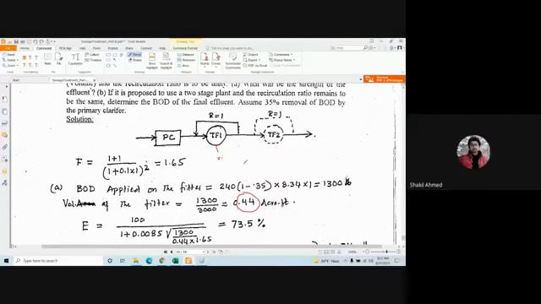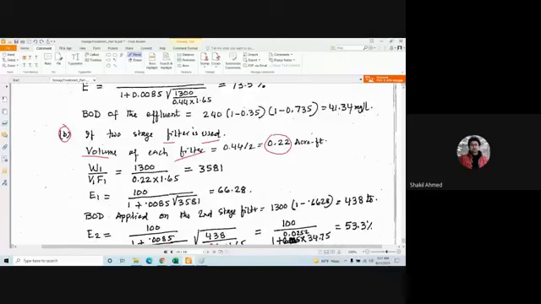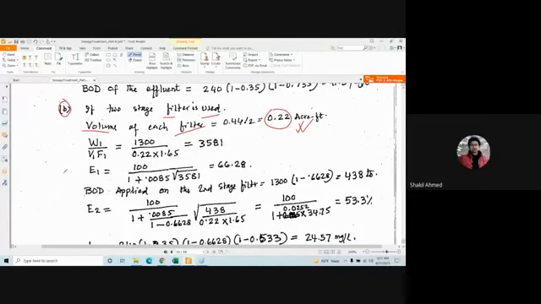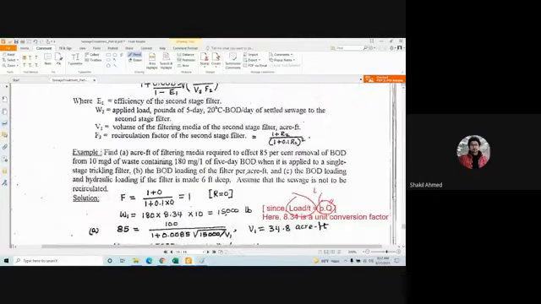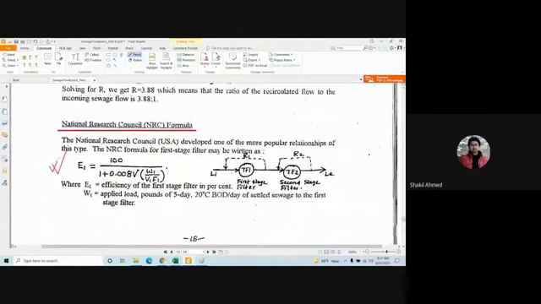So this is 0.22 acre feet. Now you calculate E1 and E2. To calculate E1, you need to use this equation, right?